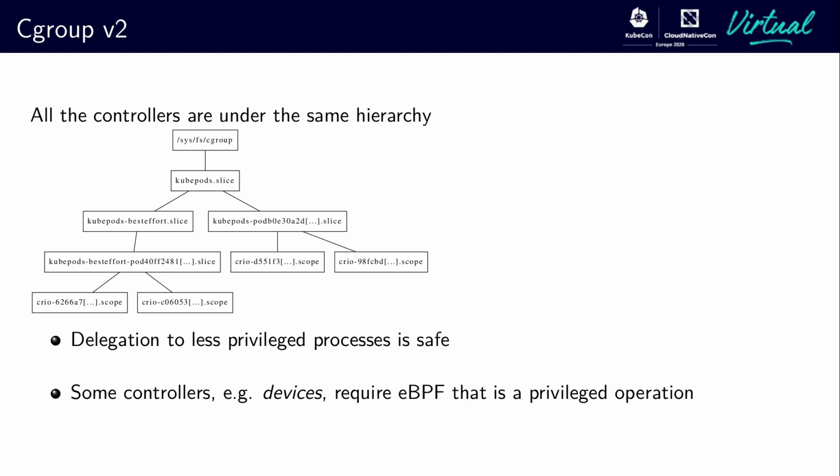So in cgroup v2, there is a single hierarchy differently than v1, and there is also a single mount point, and the process is part of a single cgroup. Some controllers are not handled by cgroup itself anymore, like the devices controller. Now it's handled through eBPF.